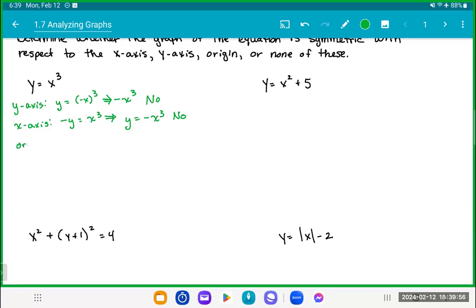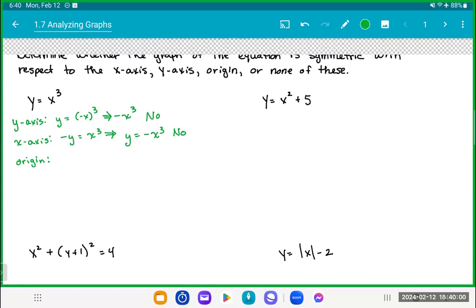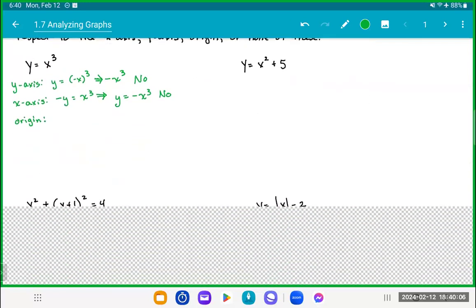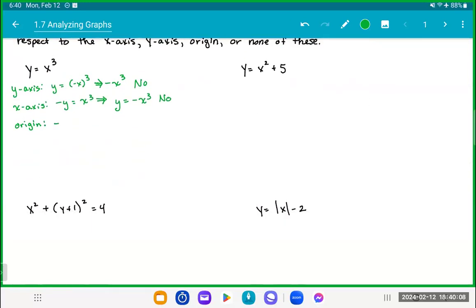And then the origin. When we test the origin, remember, we are making both a negative x and a negative y. So we would have negative y equals negative x cubed, and we can simplify that one more time to give me y equals x cubed.